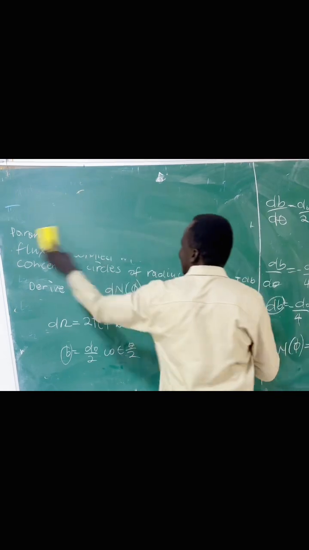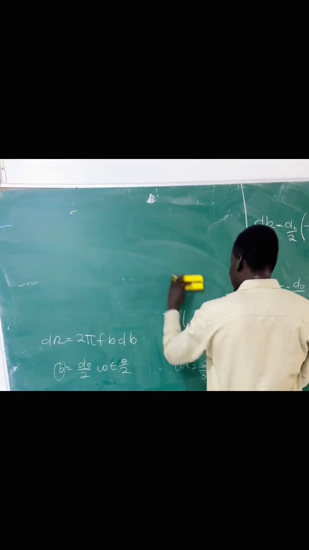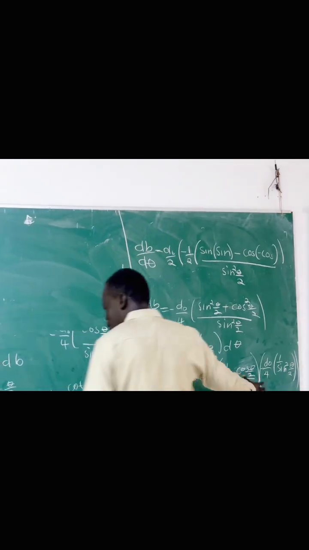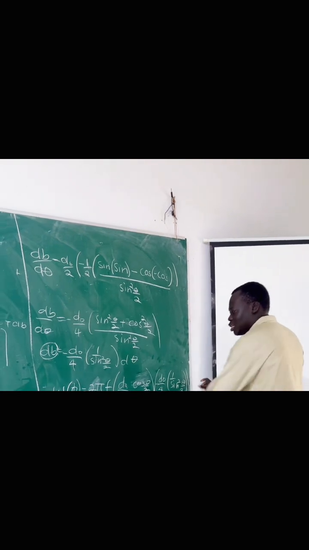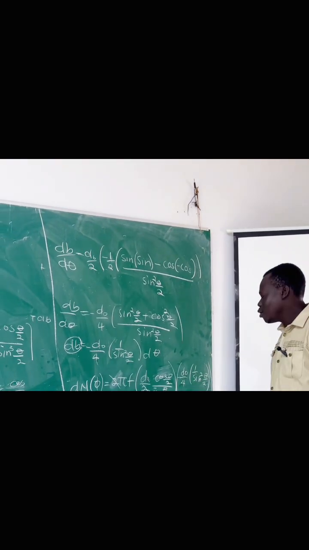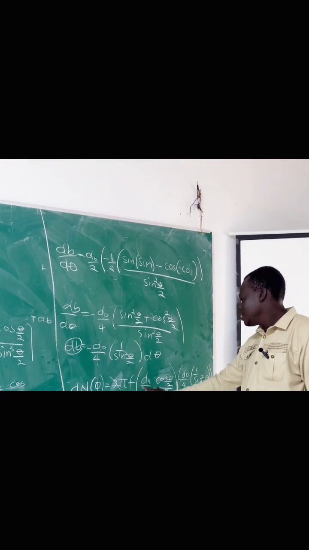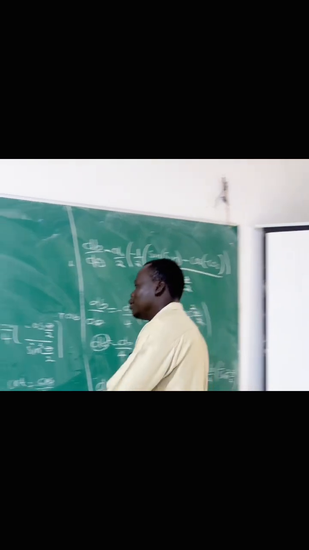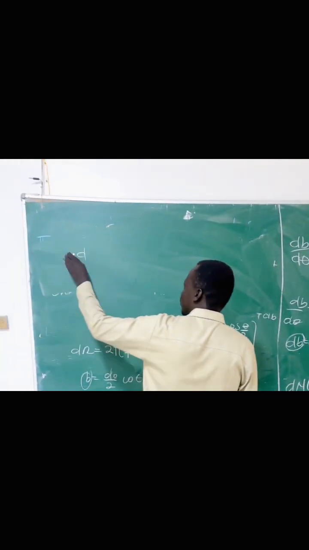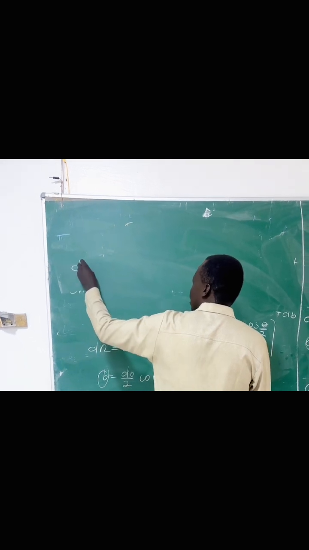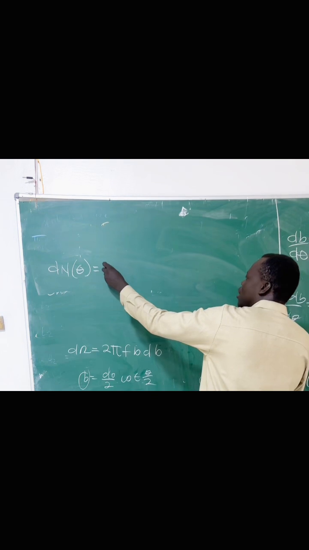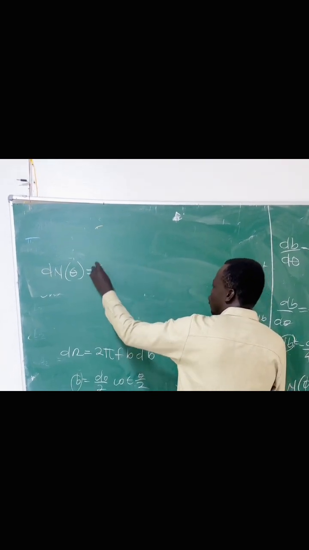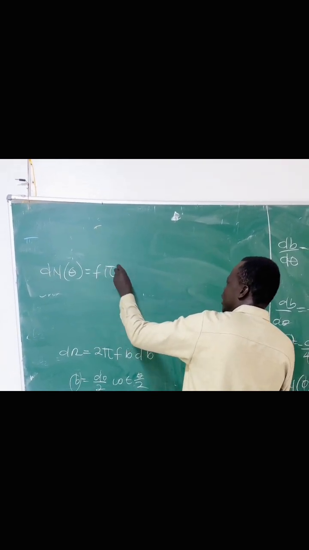And then when we plug all these things into our number, you can see that 2 and these 2 will go, so we remain with this. d naught times d naught, we are going to have d naught squared. So dN with respect to theta here is going to be phi F, or F phi here.